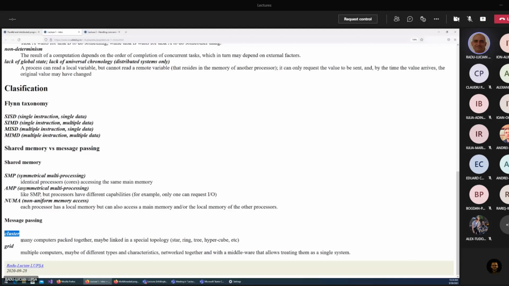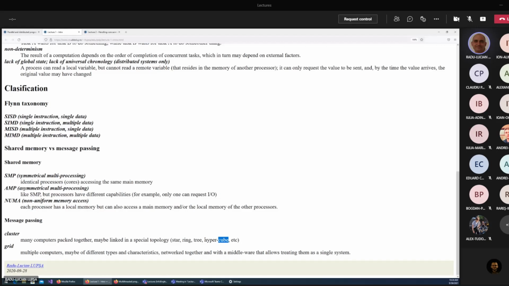Maybe it's a special topology, let's say a star, a ring, a hypercube. A hypercube would be a very good compromise between the complexity of the networking and the accessibility between the components. And the computers that are packed together are generally of the same type.